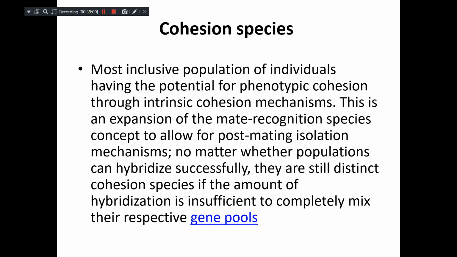We can say that this is an extended version of mate recognition species which we have already studied. A population having individuals of similar type, and they form this phenotypic cohesion through some inbuilt cohesion mechanism.